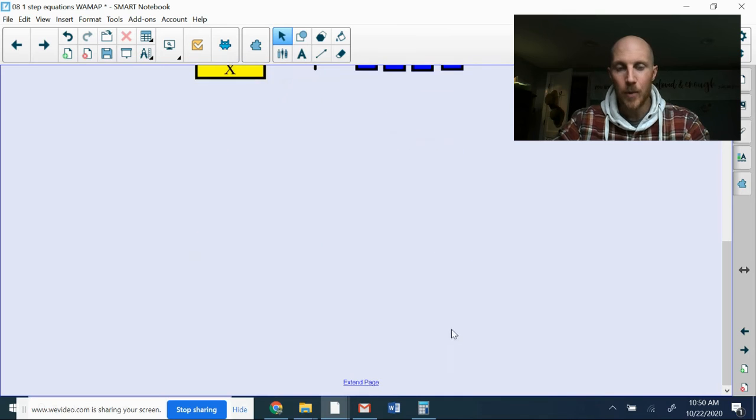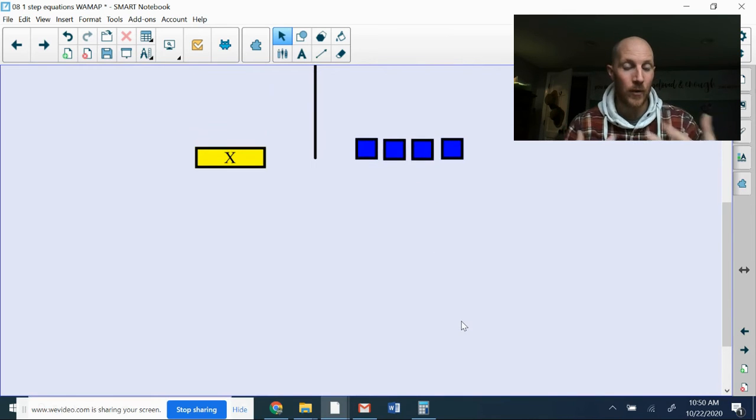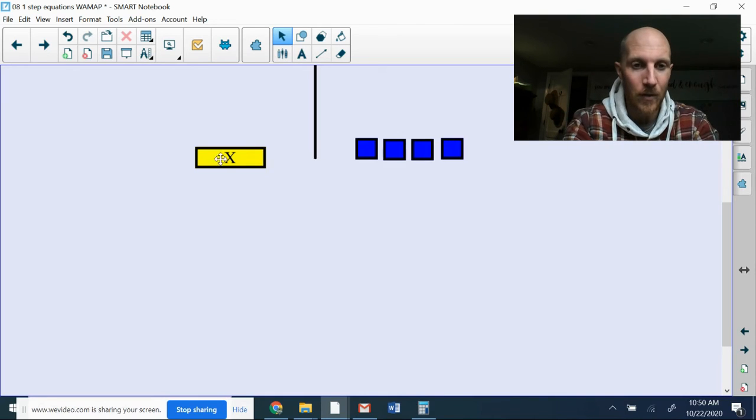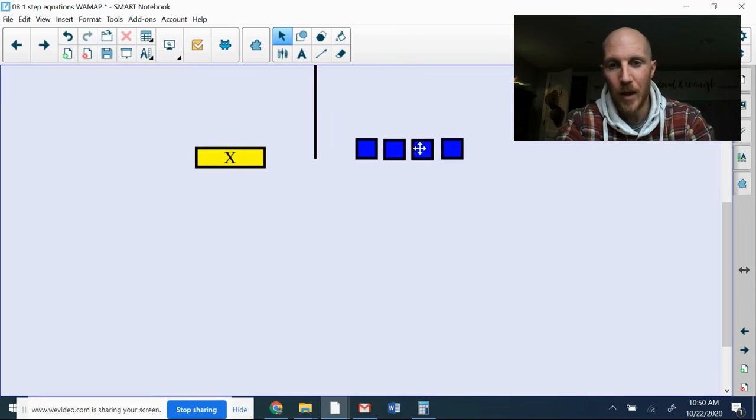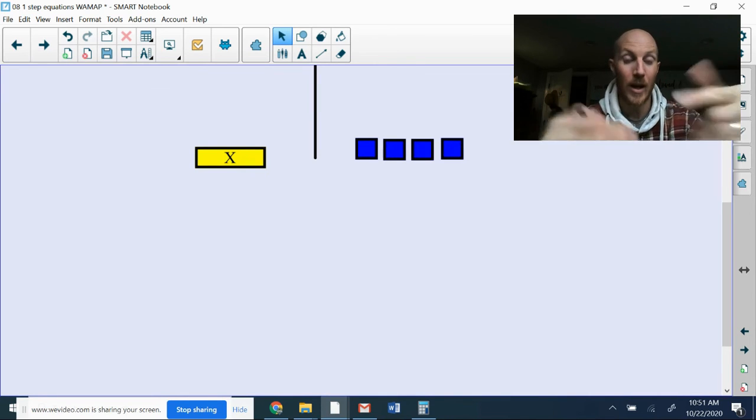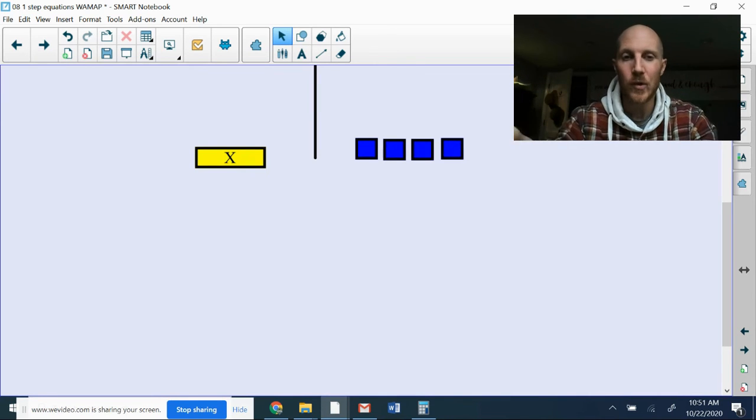Okay, but I don't want a negative x. I'm trying to find out what a positive x is. And so this part doesn't really make sense with the teeter-totter analogy. But if I do the opposite of both sides, instead of a negative x on the left and positive 4 on the right, if I do the opposite of both, it will still stay balanced.